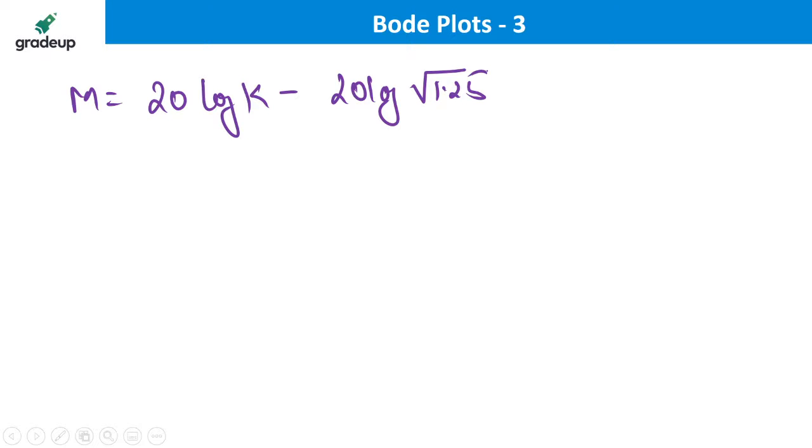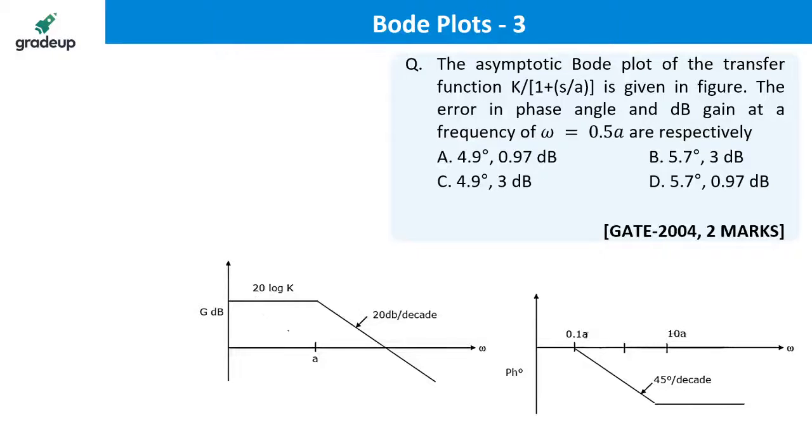And let me check that. That is coming up as magnitude equal to 20 log K minus 0.97. Whereas guys, look at the given Bode plot. Where is 0.5a? The 0.5a is obviously before a.